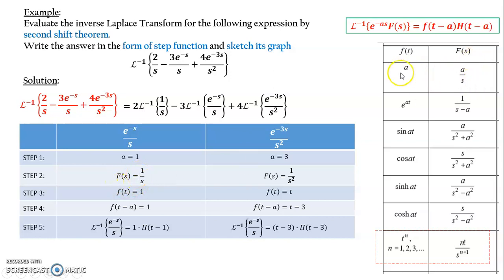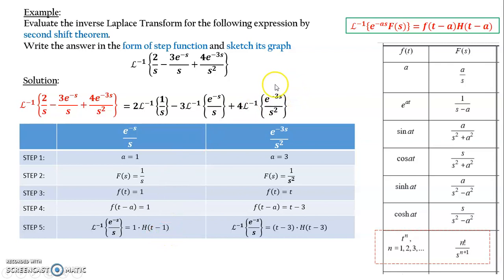So 1 over s gives 1, so f(t) is equal to 1. Then you rearrange t to become t minus a. Because you don't have t here, f(t minus a) is also 1. Finally, you substitute into the second shift theorem. The inverse Laplace transform of e^(-s) over s equals f(t minus a) h(t minus a). So in this case, f(t minus a) is 1 multiplied with h(t minus 1).